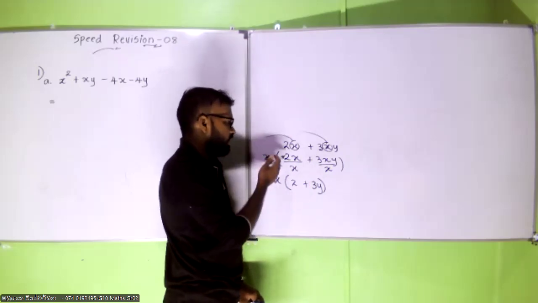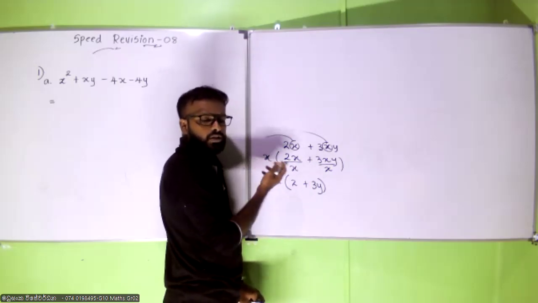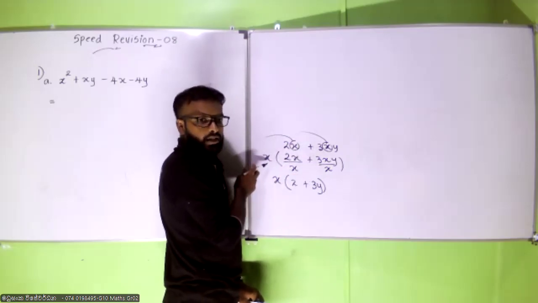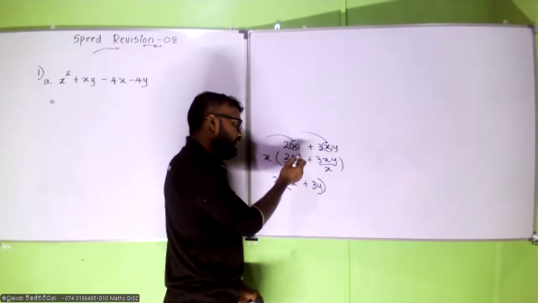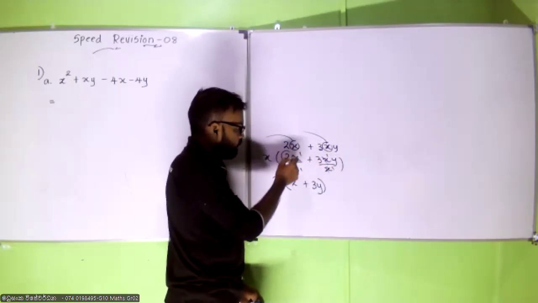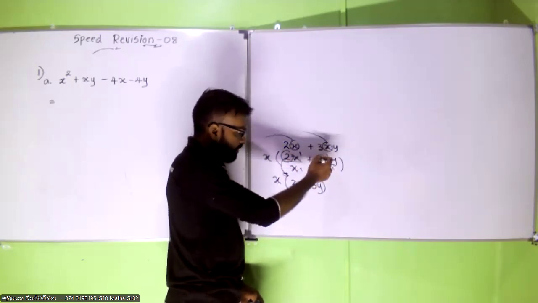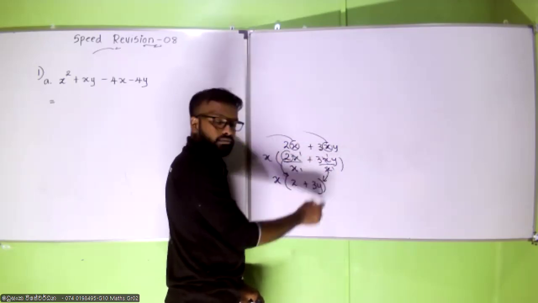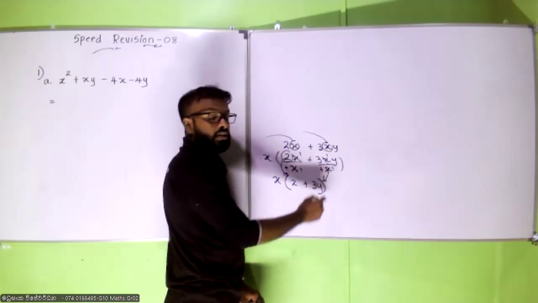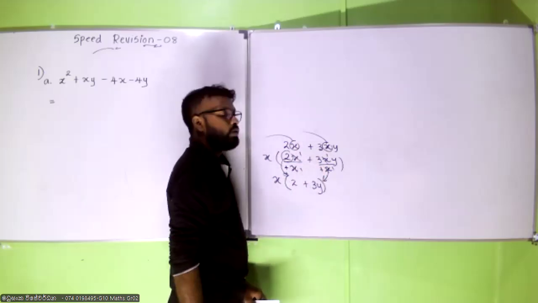Actually, when you are taking a common term out from an equation or expression, this is the logic behind that. So x times 1, x times 1. So the rest is 2 here. Rest is 3y here. That is the thing. So this is for positive x, if you are taking positive x out.